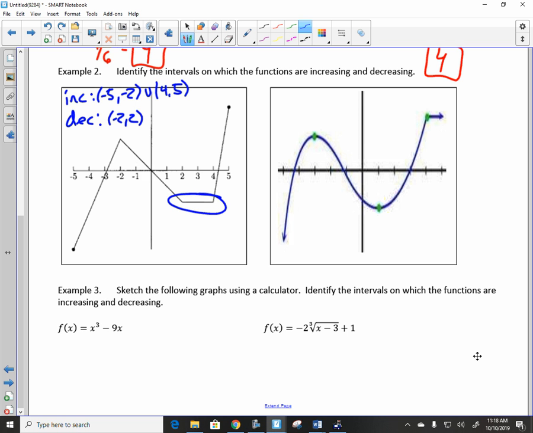Yes, question. You use parentheses because at this point, it's neither going up nor going down. Neither is happening. Same way here. At this spot, it's neither going up nor going down. The slope is flat. Yes.